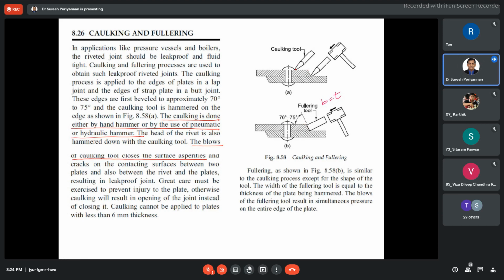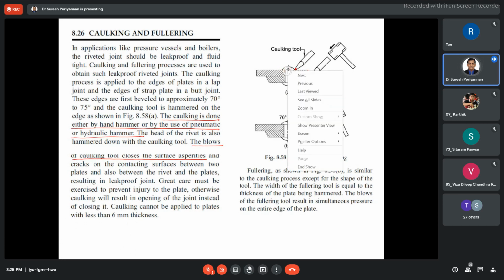But how are we doing the caulking here? The tip of the tool forces down the edges in the rivet head, as well as the edges in the joint.